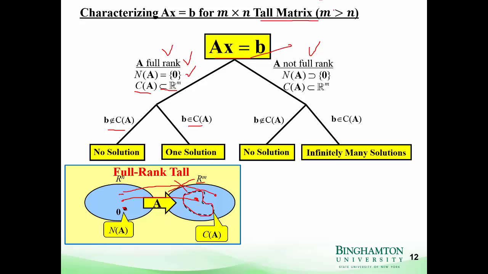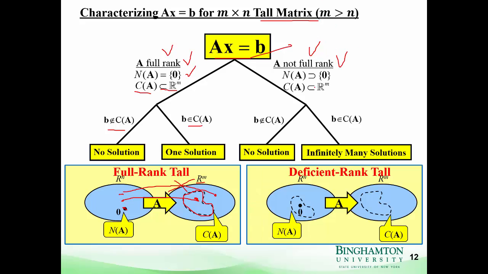Now, when A is not full rank, same kind of thing. Let's focus on this part first. Column space is still strictly inside Rm. So regardless of whether we're full rank or not full rank, we've got no solution if B lies outside of the column space. So we could actually redraw this with the first decision based upon B in or out of the column space.